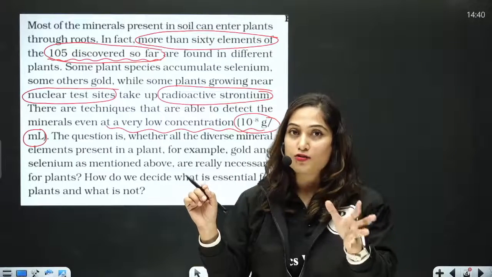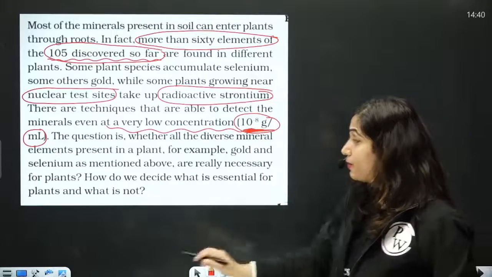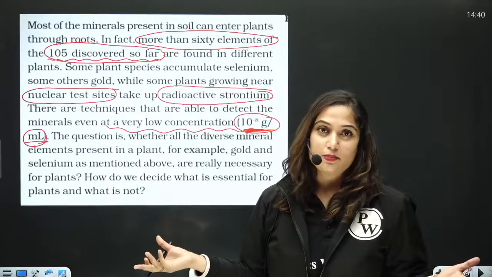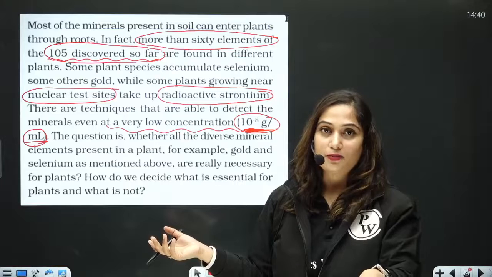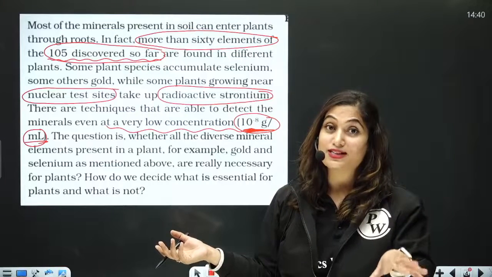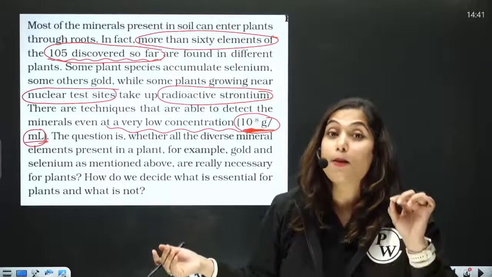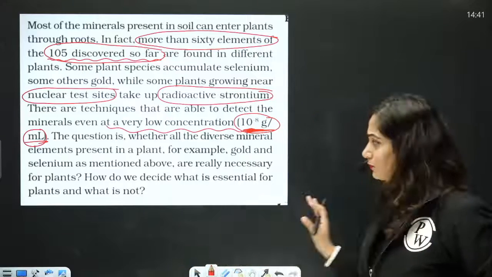This question can come directly: at what concentration can you detect a mineral element inside the plant? It can be as low as 10 raised to the power minus 8 gram per ml of plant matter. Remember the units also.